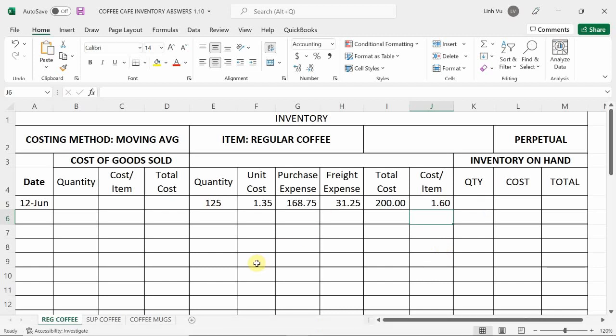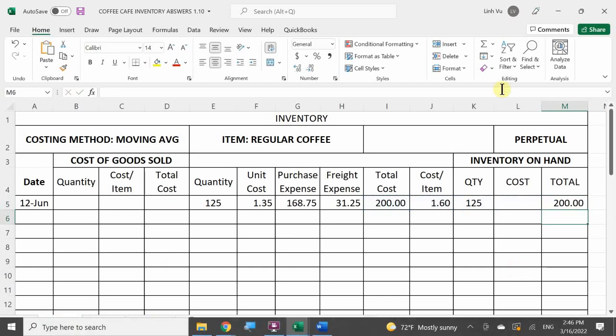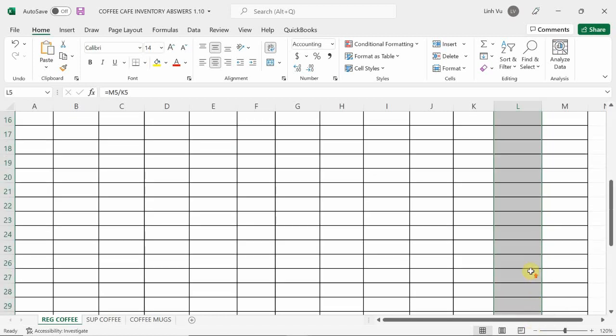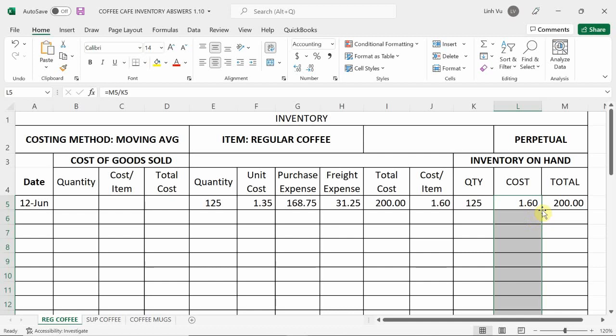$1.60. And because this is perpetual inventory, I'm going to move these values and copy them across my table. Now, if you remember, since this is moving average, I constantly need to calculate the average cost per item. So the formula needs to go into my cost column, nowhere else, because I don't want to keep calculating my average cost every single time.